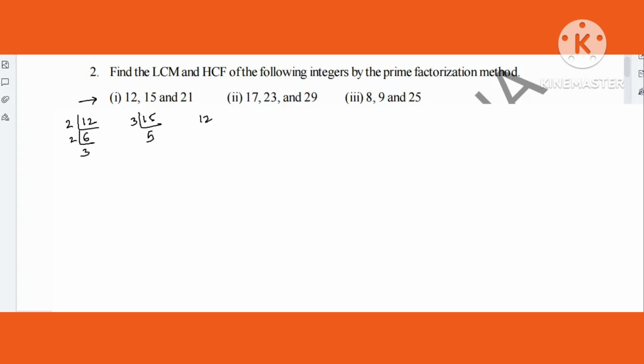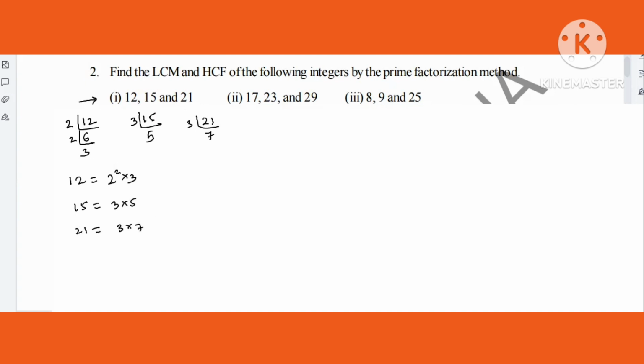Then 21 can't be divided by 2, we can divide by 3. 3 7s are 21. So now we have 12 equal to 2 square into 3, 15 equal to 3 into 5, and 21 equal to 3 into 7.